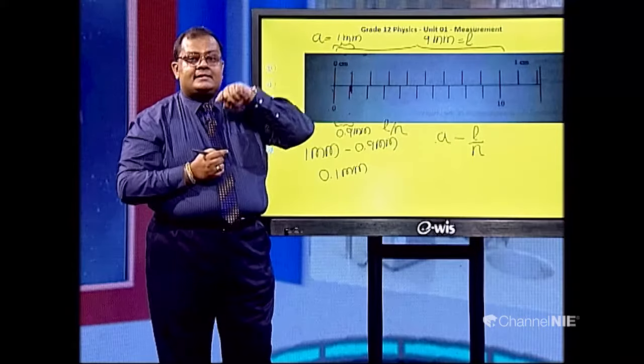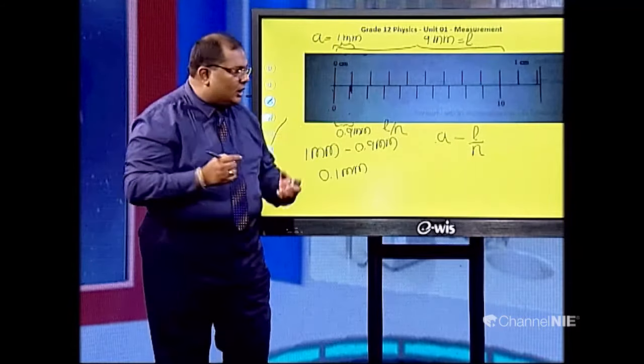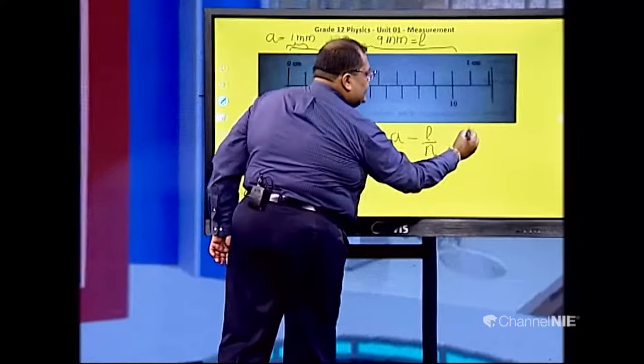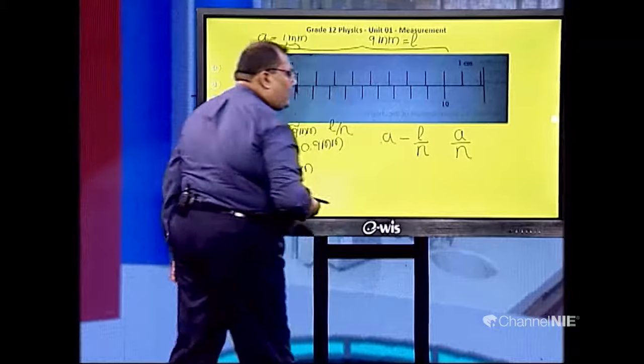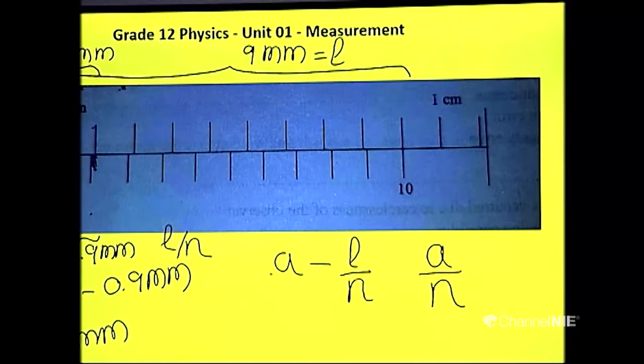If the difference is 1, you can use a short method: least count divided by number of divisions. You can check it.